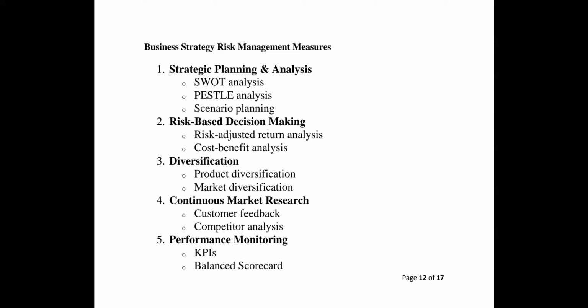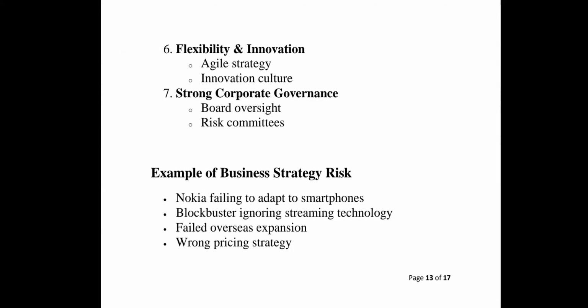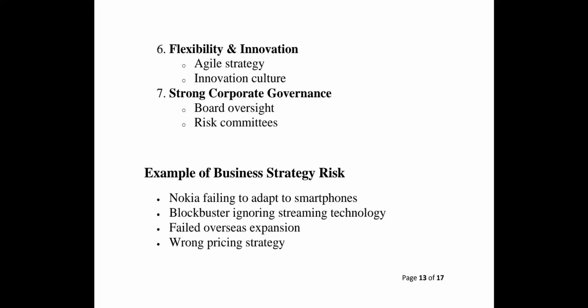Four, continuous market research, customer feedback, competitor analysis. Five, performance monitoring, KPIs, balanced scorecard. Six, flexibility and innovation, agile strategy, innovation culture. Seven, strong corporate governance, board oversight, risk committees.